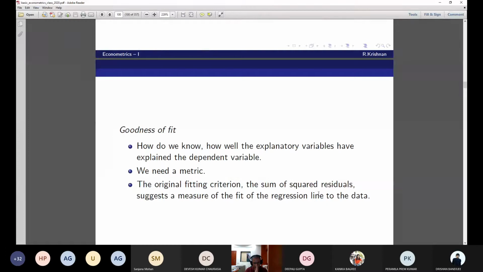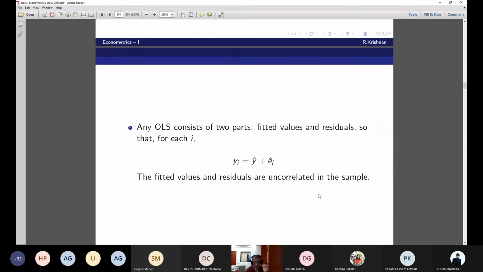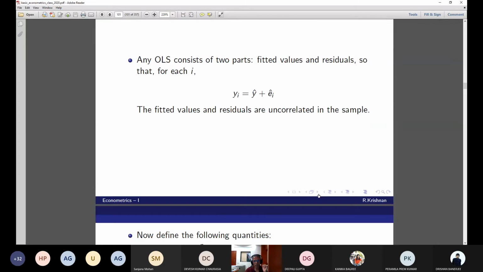The original fitting criterion, the sum of squared residuals, suggests a measure of the fit of the regression line to the data. OLS consists of two parts, fitted values and residuals, so that for each i, yi equals y hat plus ei hat for any observation. The fitted values and residuals are uncorrelated in the sample.